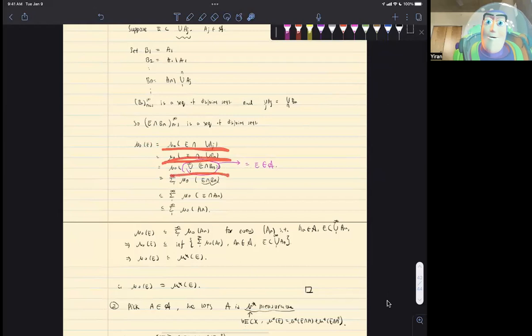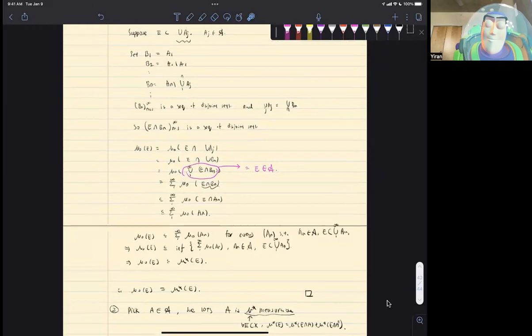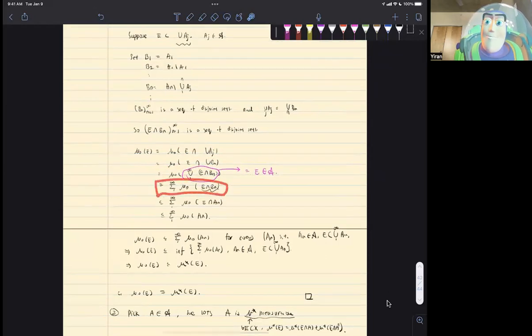Because this is E, and we know that E belongs to the algebra, this infinite union belongs to the algebra A. And if you recall the definition of premeasure, as long as we're given that an infinite union of sets belongs to the algebra, then the countable additivity holds, and those are disjoint, of course. So therefore, we can use the countable additivity of the premeasure.